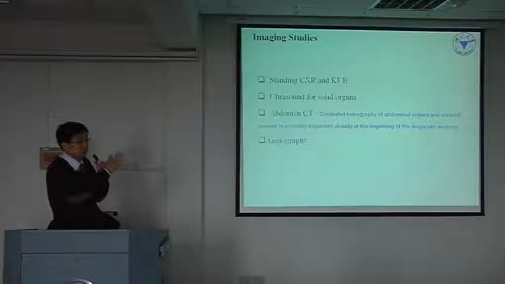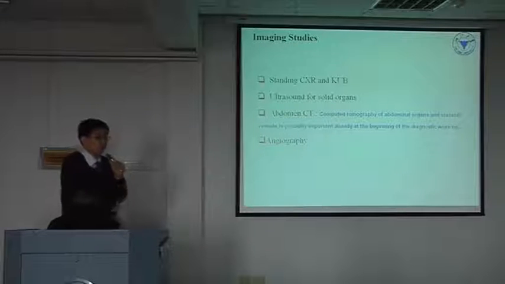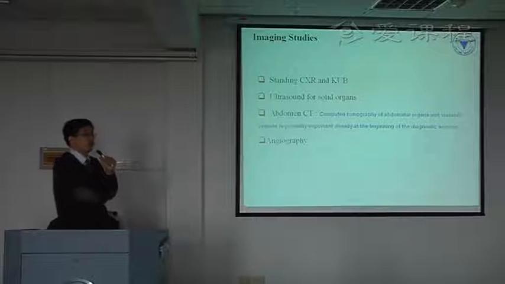CT scan of abdominal organs and visceral vessels is probably important already at the beginning of the diagnostic workup, especially for some special diseases. For example, liver rupture in hepatocellular carcinoma.